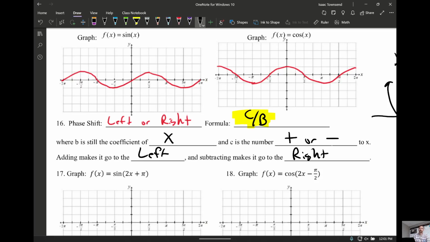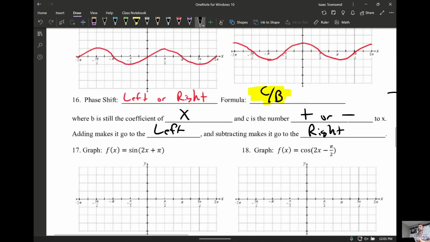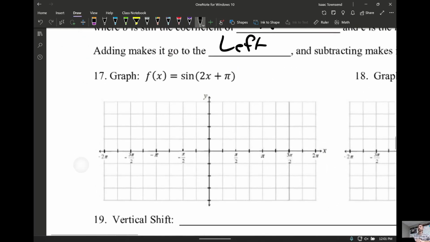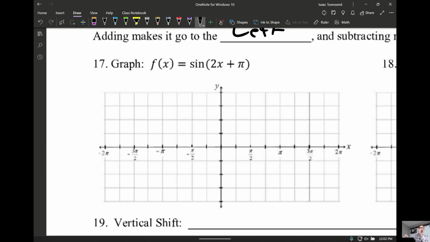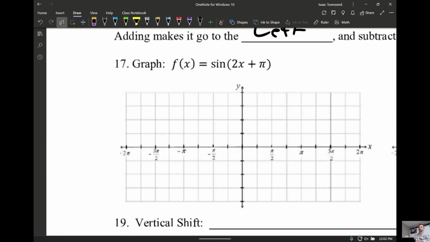Okay, so now let's look at a couple graphs that are going to have a phase shift. How we're going to measure them from the function and how we're going to make those changes on a graph. Now, to be fair, the first couple parts of these questions don't have anything to do with phase shift. To graph this, you would have to know what sine looks like. Again, once you have time to memorize that, that should take you about 5 seconds.